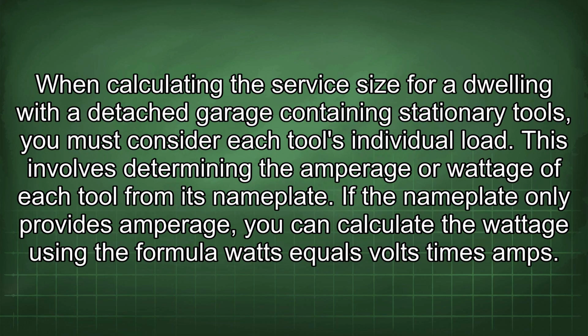When calculating the service size for a dwelling with a detached garage containing stationary tools, you must consider each tool's individual load. This involves determining the amperage or wattage of each tool from its nameplate. If the nameplate only provides amperage, you can calculate the wattage using the formula watts equals volts times amps.